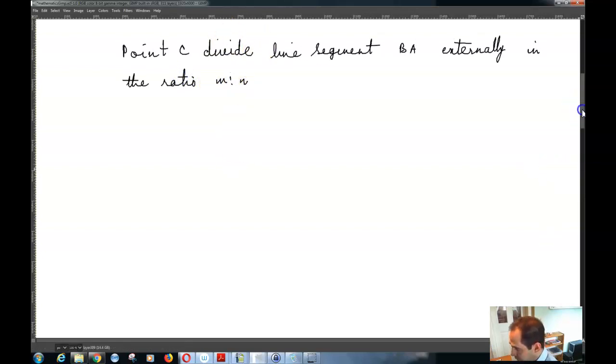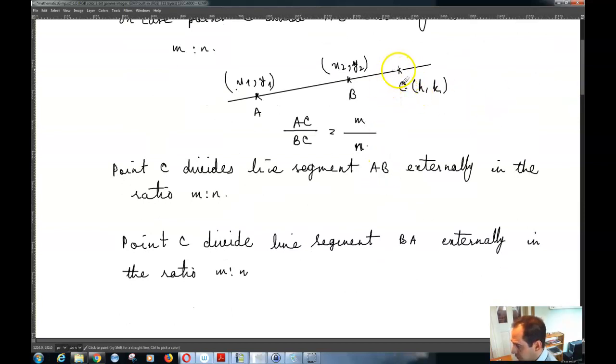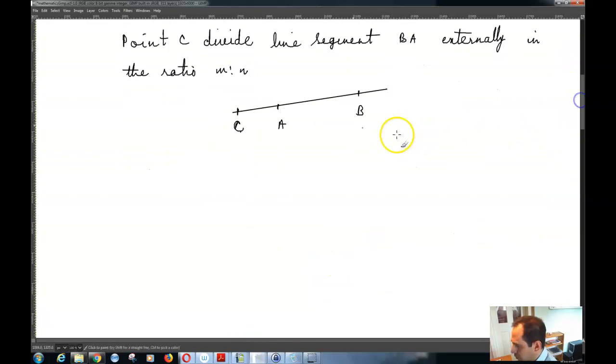This is different from this situation, meaning that in this situation C was on this side of this line segment AB, but over here you have your line segment AB like this, and then your point C would be over here. And in this situation, BC to AC is equal to m to n.